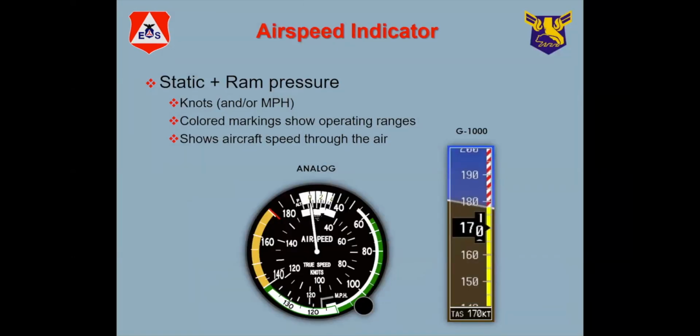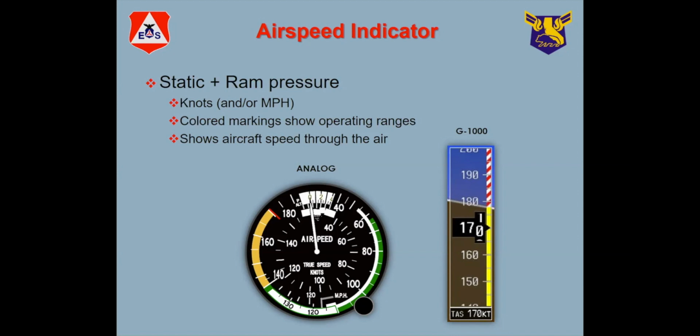Airspeed, got to have airspeed to fly. The green stripe is the area where you're in a normal operating range, and that goes from about 63 up to 140 knots. The white arc is the flap operating range, and that's important if you're using flaps while you're flying.